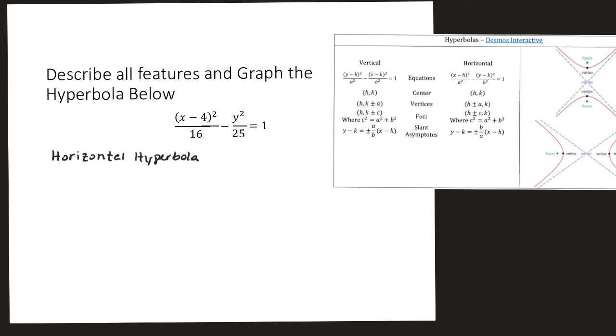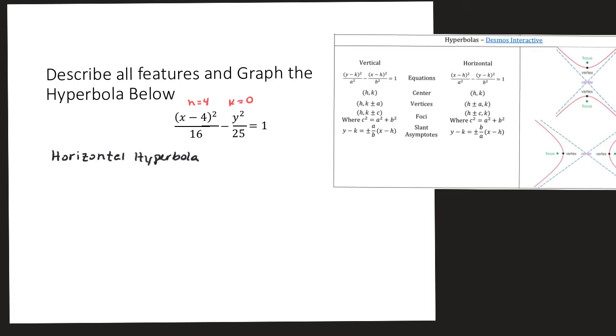Before I start to identify my features, similar to my ellipses, it's nice to go ahead and have all of my values. My value with x is my h, so my h value here is 4. My value with y is my k value, and since there's not one, it's 0.